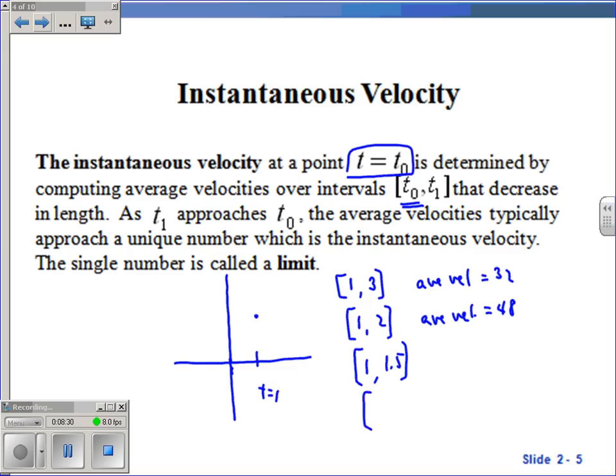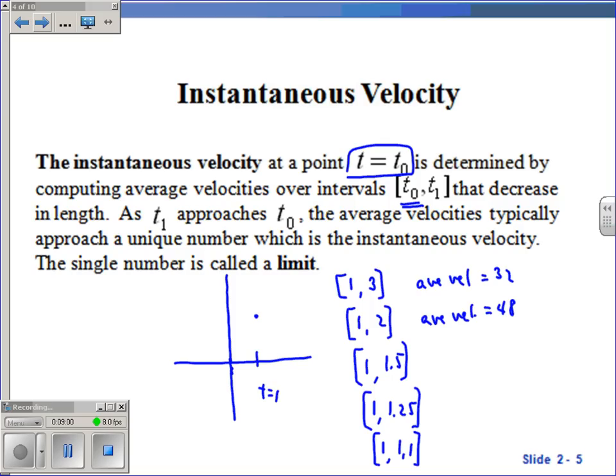And then something even closer, 1 and 1.25. Maybe 1 and 1.1. So I'm going to keep decreasing the length of that time interval, and I keep getting the average velocity over that interval each time. So here I'm down to the average velocity between 1 and 1.1 seconds. That average is going to be very close to what the velocity is at 1.